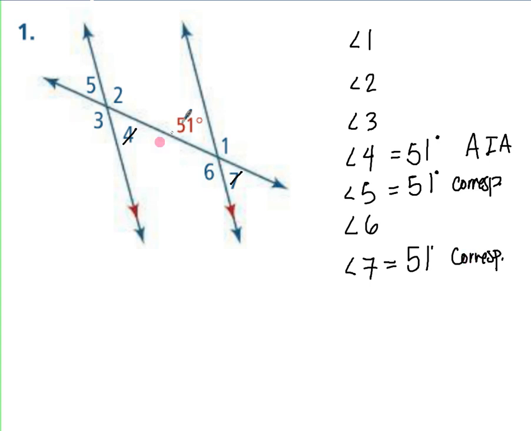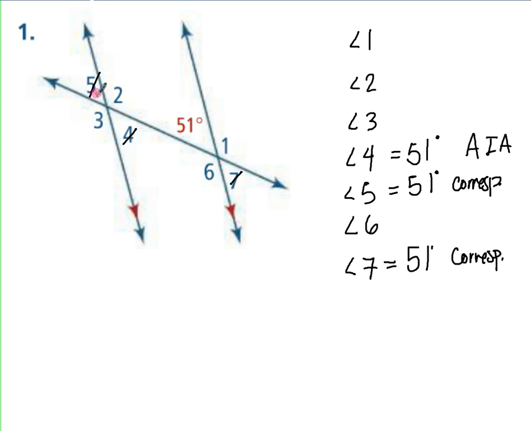Okay. What about the 4 I have left over? I have 2, 3, 1, and 6. You could use the postulate to find angle 2. Just use 180 minus 51.